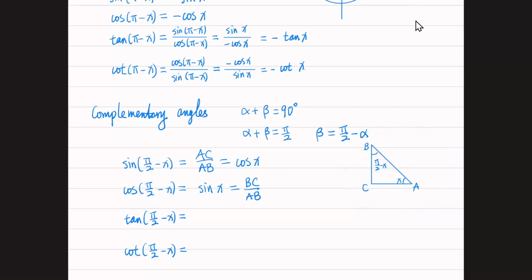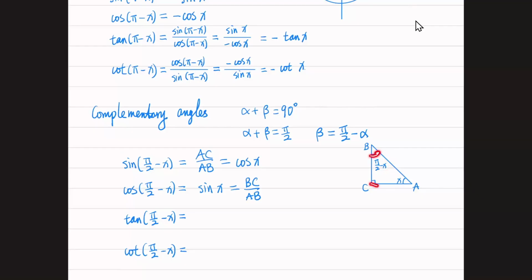How do you find the tangent of the complementary angle? Wait, real quick, how do we get to the function that sine of pi over 2 minus x equals AC divided by AB? Okay, so we have a right triangle over here, right? For this angle, what's the opposite side? CA, right?